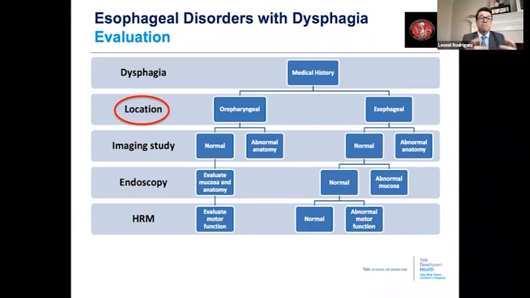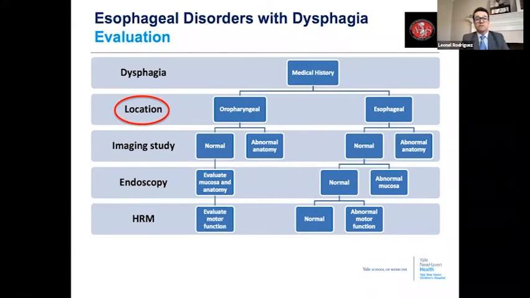We aim the next step, which is imaging studies, at trying to evaluate for anatomical reasons, and endoscopy to evaluate the mucosa and also for anatomical reasons, and manometry to evaluate for esophageal motor dysfunction, specifically at the upper esophageal sphincter level.